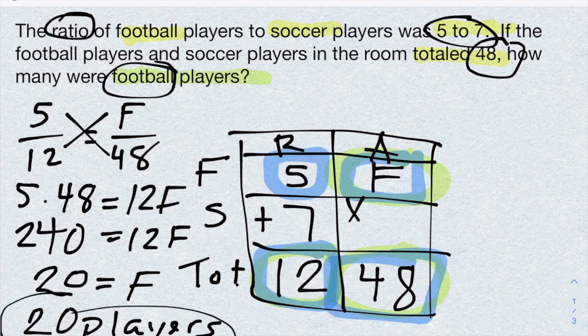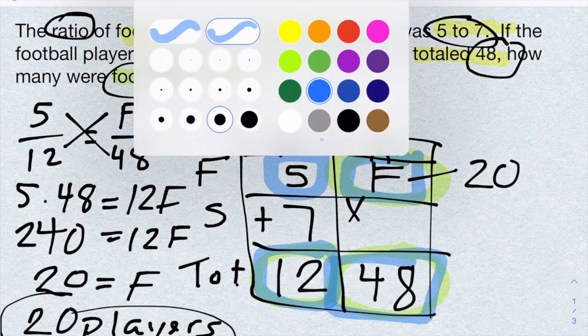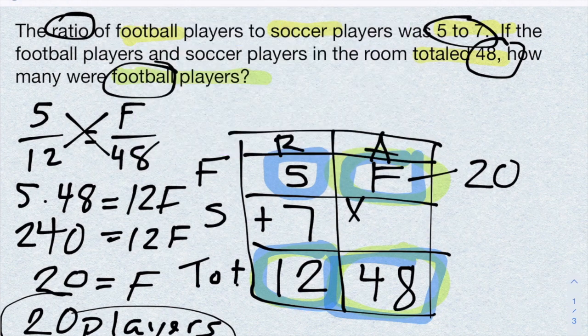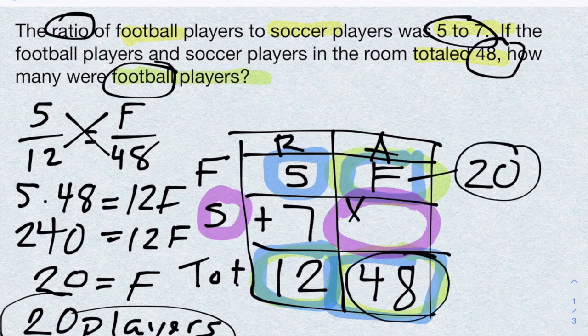Okay, so I could say this is 20. If I get another question, they didn't ask you this, but if they ask you later, what is your number of soccer players? I don't need to go do all my ratios again. I can just add. So I know 20 plus something gives me 48.